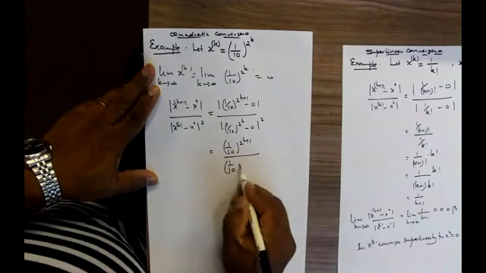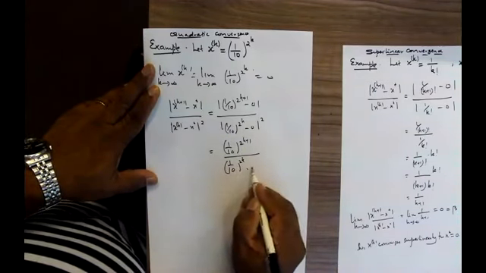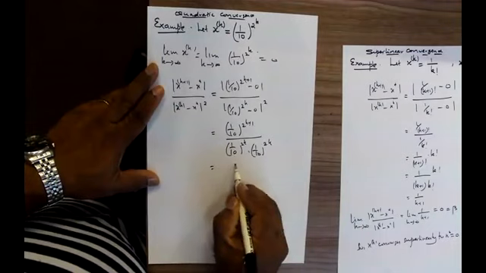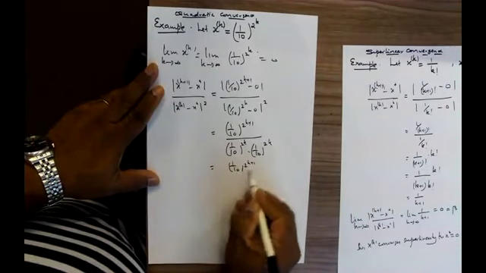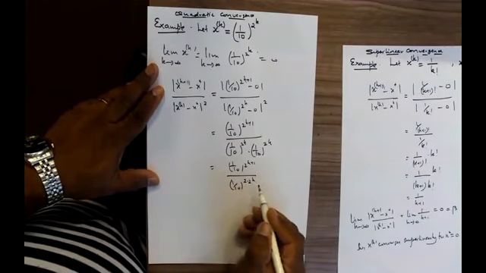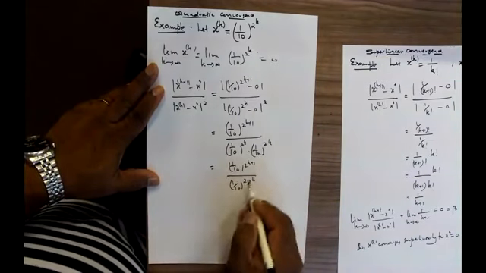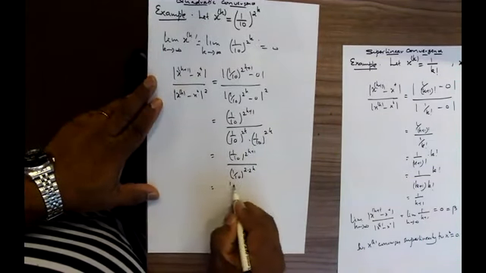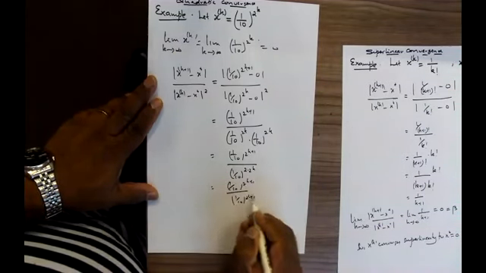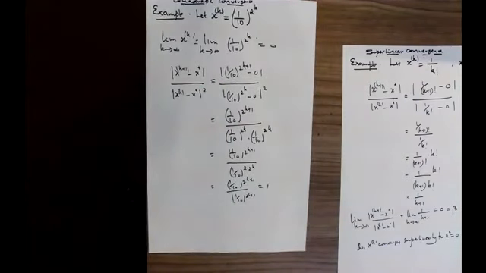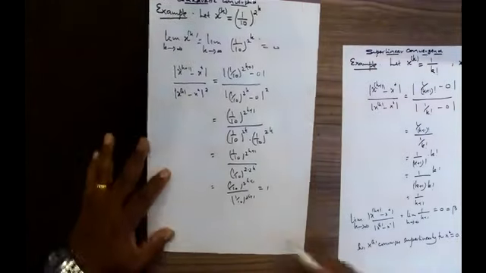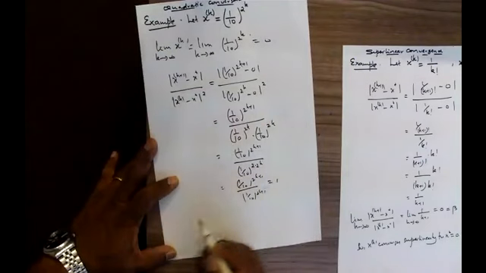So 1 on 10 to the 2 to the k, times 1 on 10 to the 2 to the k, squared, that is 1 on 10 to the power 2 times 2 to the k, which is 2 to the (k+1). The ratio goes to 1 as k goes to infinity. So that has a quadratic convergence. That implies superlinear convergence as well.